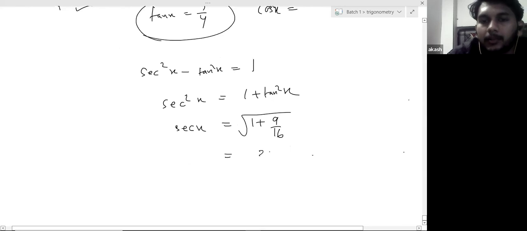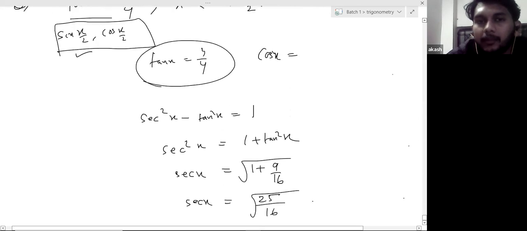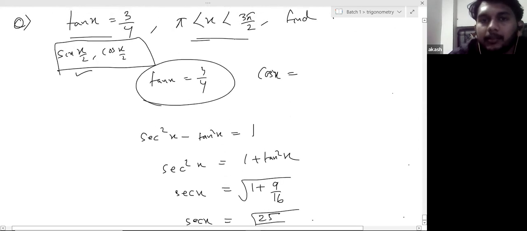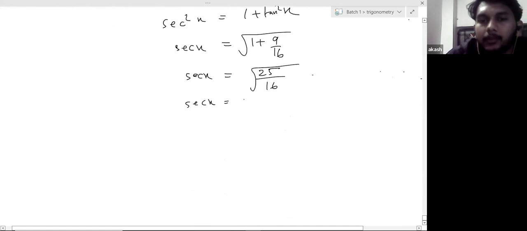So this is 25/16 under root. So sec x will be this. Are we going to take the positive or negative one? X is in the third quadrant. In the third quadrant, this is negative. So this will be -5/4.